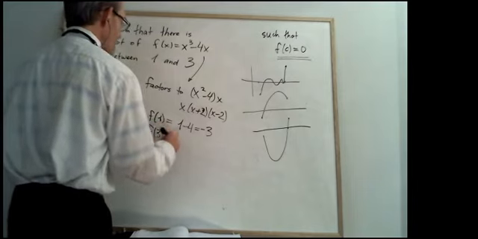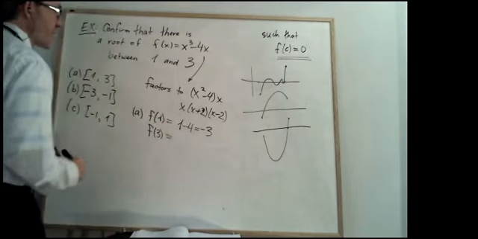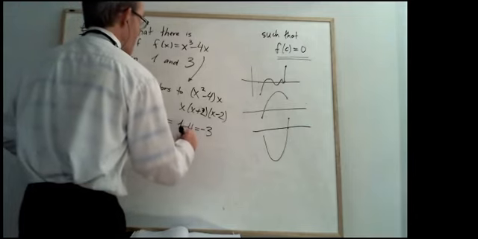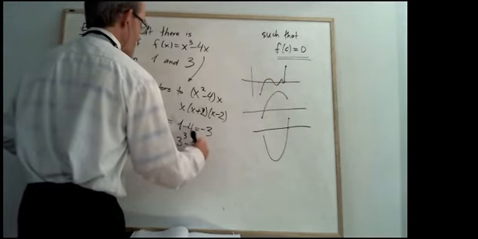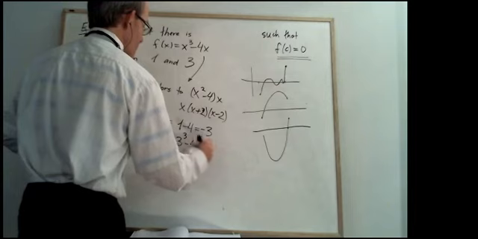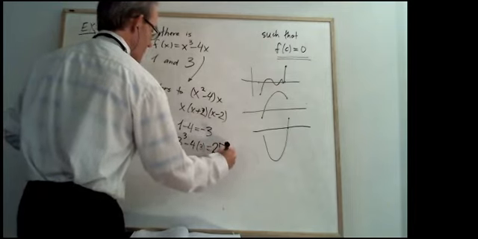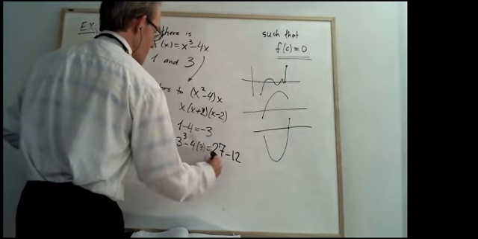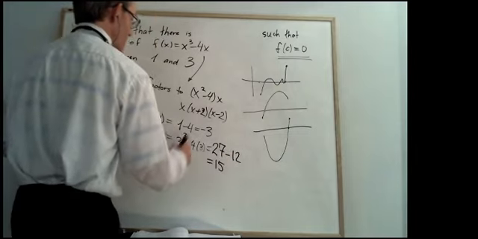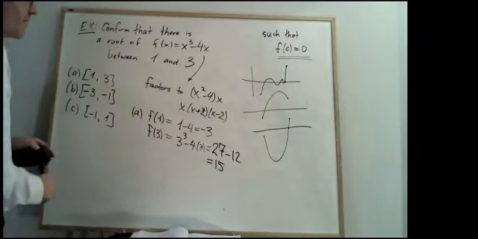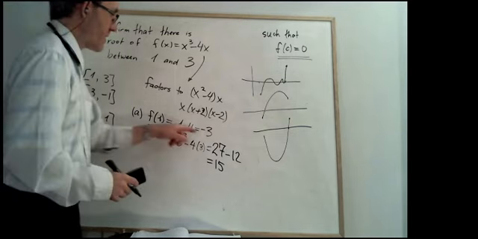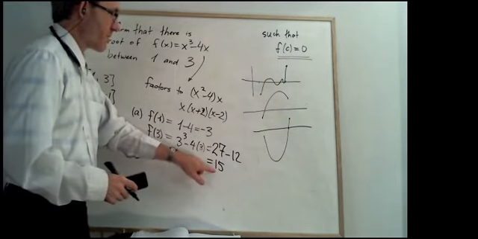At x equals 3, you get f of 3, which is 3 cubed minus 4 times 3, so the first is 27 minus 12, so it's plus 15. So you do have one number that is negative, and the other is positive.